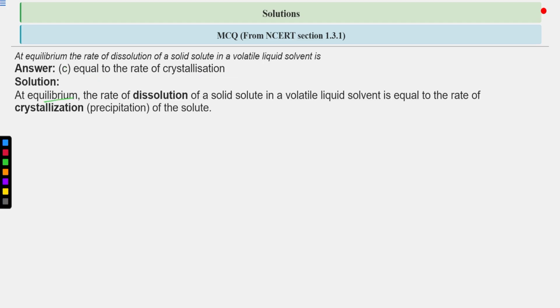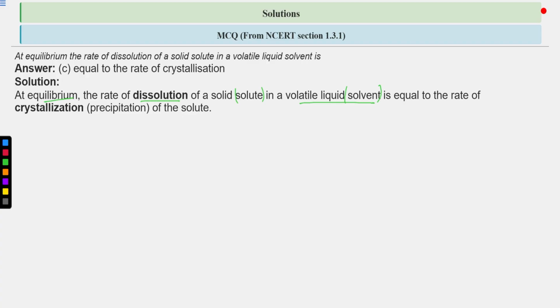Now, at the equilibrium condition, the rate of dissolution of a solid solute in a volatile liquid solvent. First of all, we are using the terms solute and solvent, and you have to understand their meanings. Solute is always lesser than the solvent, because solute is what we dissolve in the solvent, and together they make a solution.